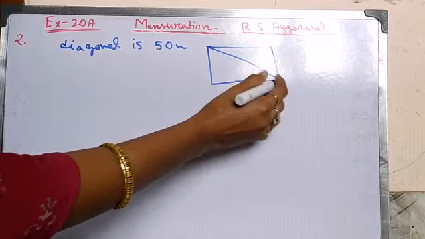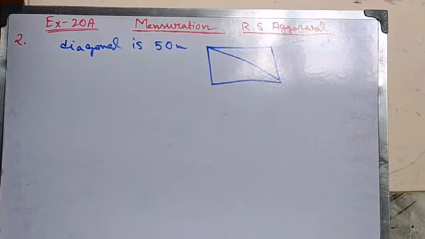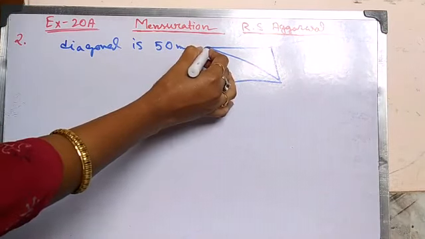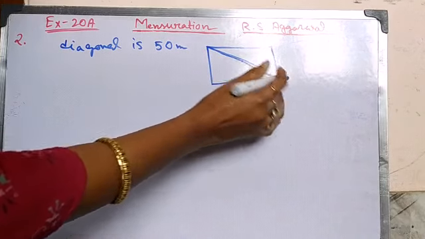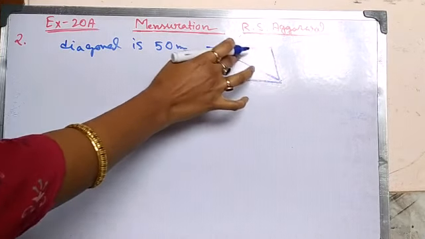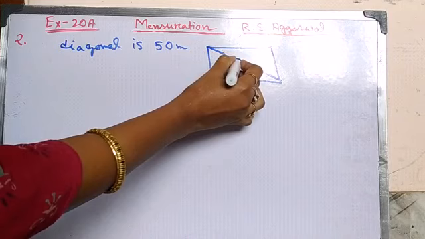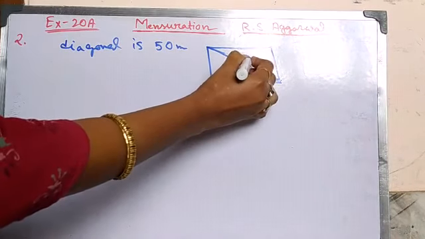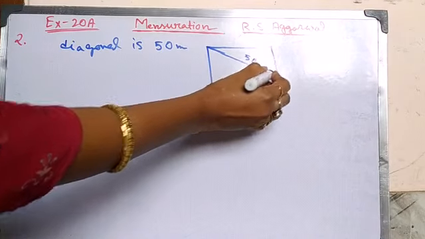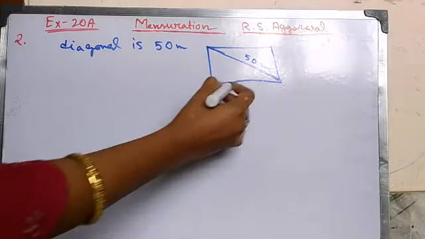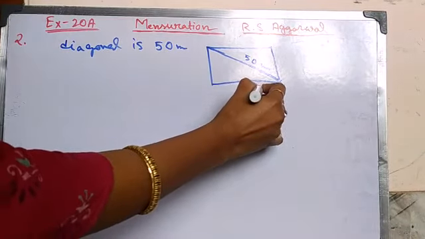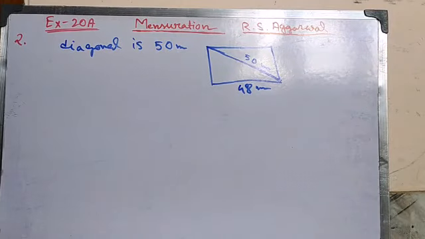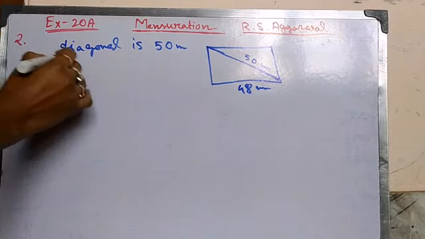This is the diagonal. One side is given, that is 48 meter. So what to find out? Area we have to find out.